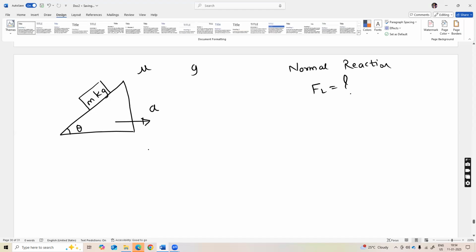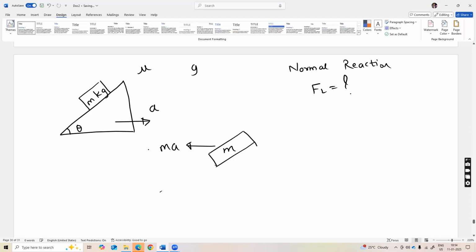Now if you draw the free body diagram of this mass, first let's apply the pseudo force. This system is moving with acceleration a, so the pseudo force that will be applied is ma.